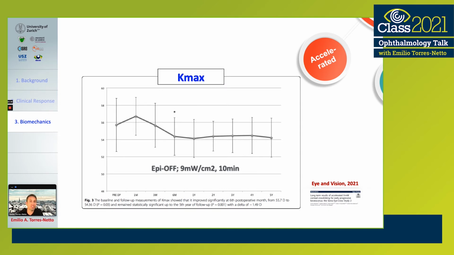So the patients with cross-linking had a stabilization of keratoconus up to 5 years. So this should bring the 9 milliwatts for 10 minutes also as one of our gold standard procedures for most of the cases at least.